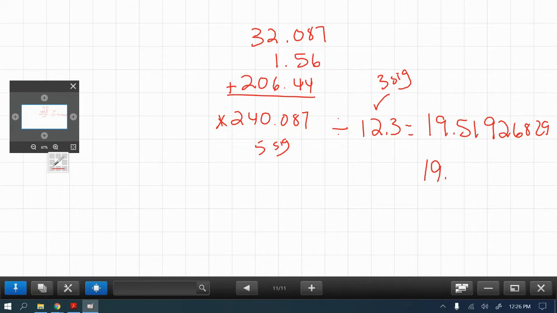So it would be 19.5. But if I want it in powers of 10, that means I want to bring it over 1. And I saw some just do 10, but you really should say 10 to the power of 1 because we're going 1 decimal place.